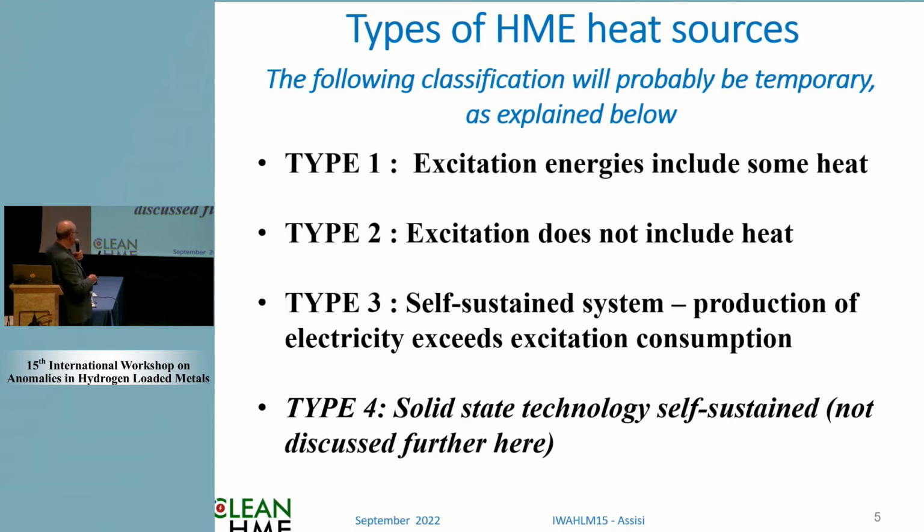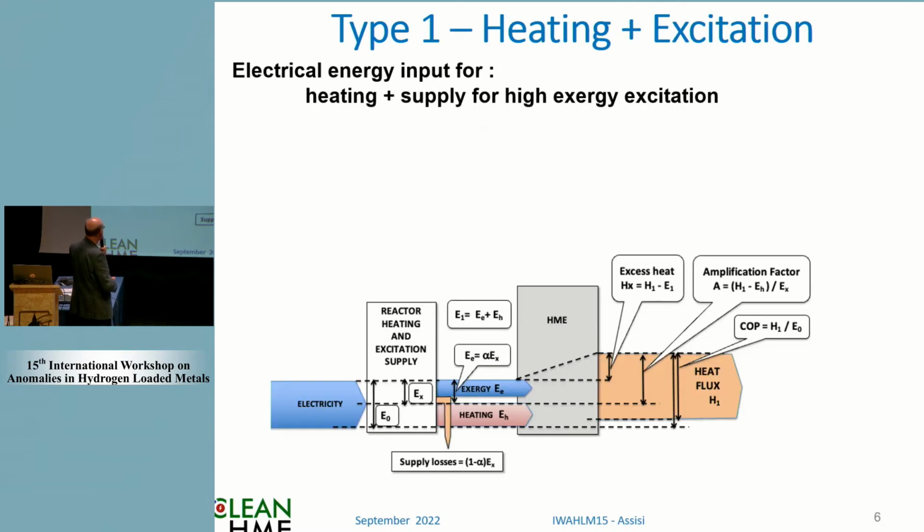Type 3 is an electrical generator, so now it produces enough electricity to supply its own excitation system. And most probably in the future we will have a type 4 with all solid state technology, but we are not that far for the moment. It's for the future.